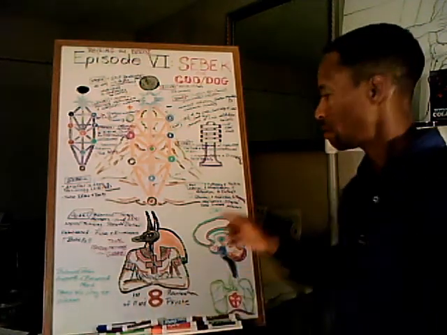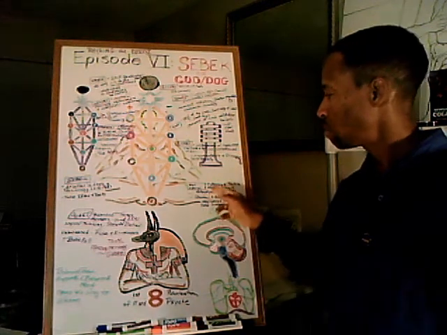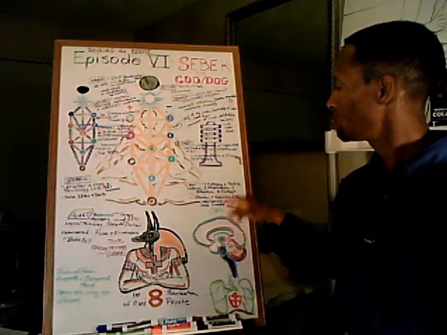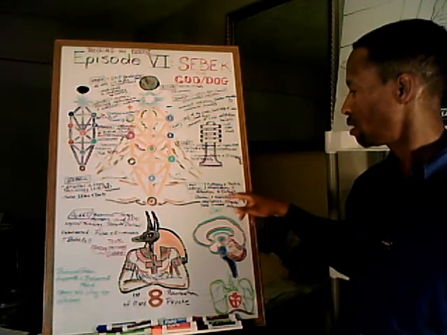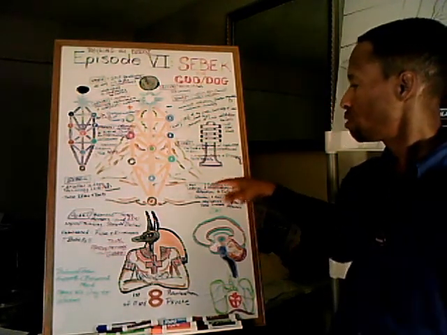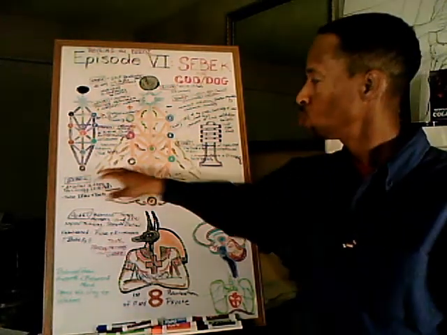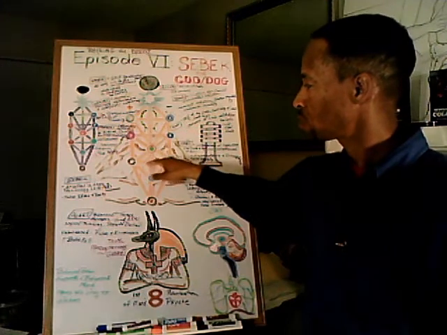But when we balance Heru with Sebek energy, we have strong and positive imagination and attention to details. And once again, these two, when combined, they activate that solar plexus right here.